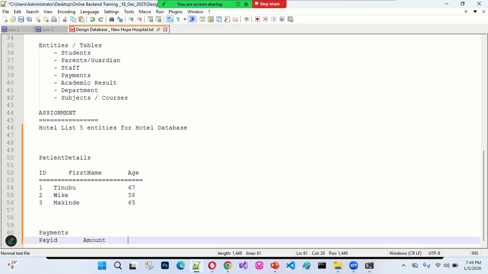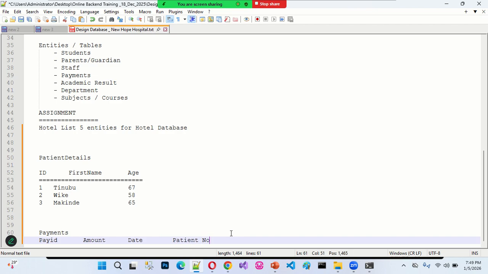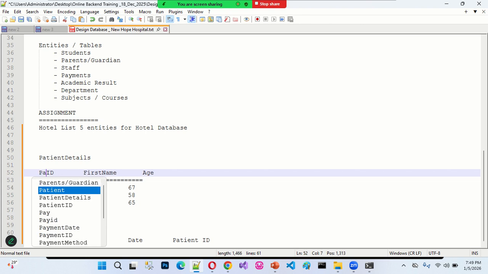And now we have another, let's say, date the payment is made, and lastly we now have the patient number, the patient ID, and the patient ID is the same thing we have here called patient ID. You get now.